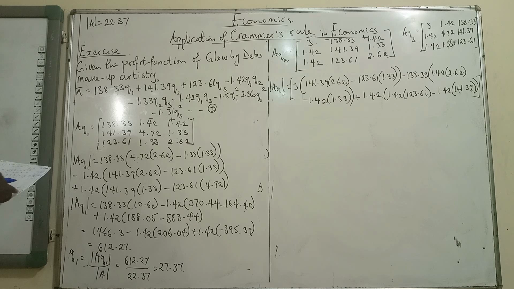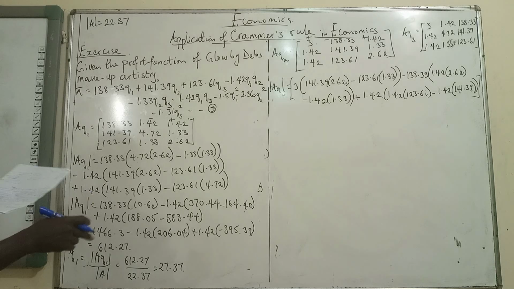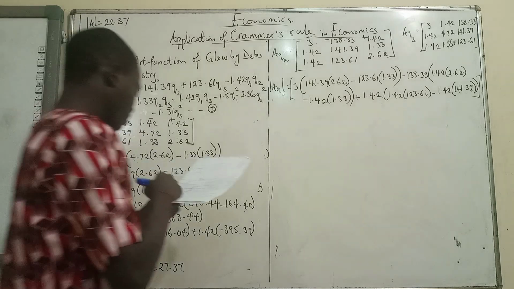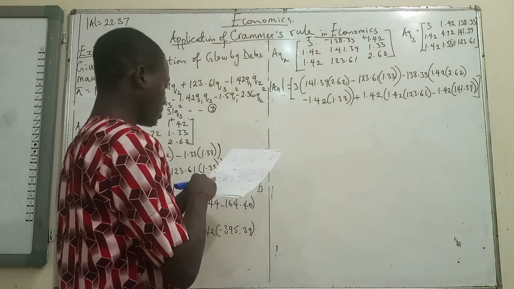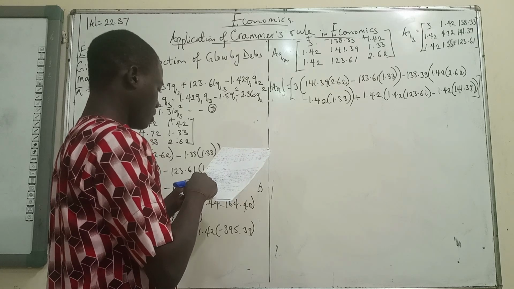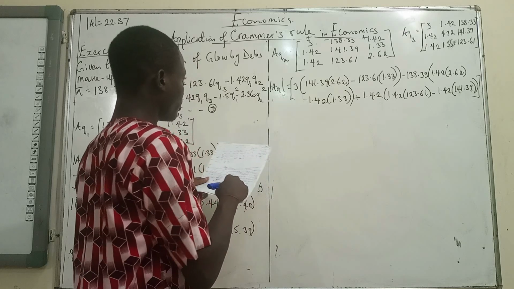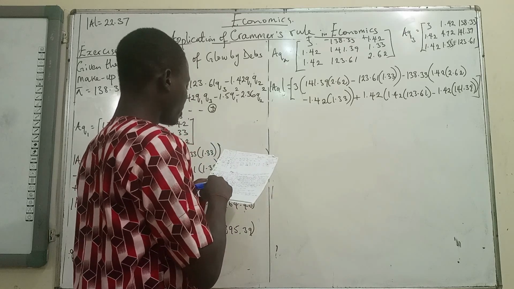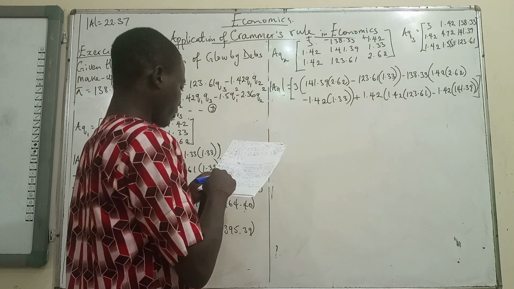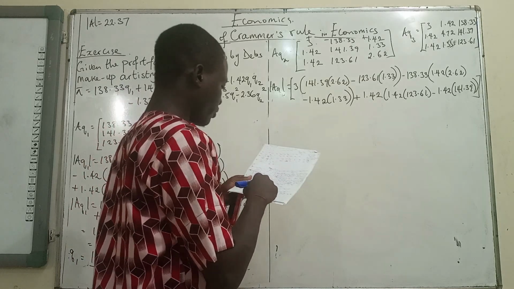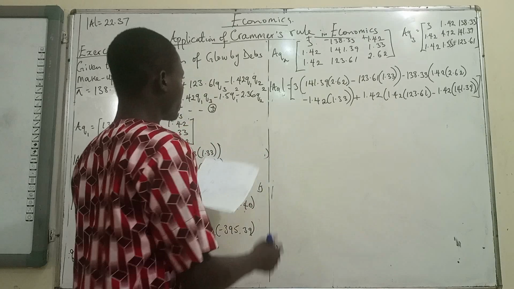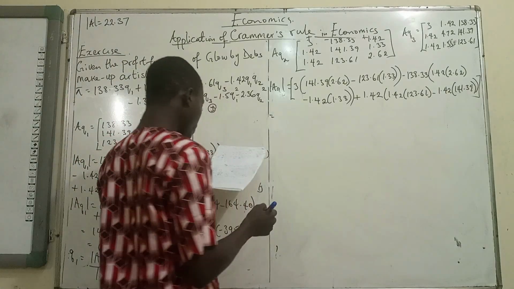And plus 1.42 times 1.39, 1.33, yeah, okay, that's right. And let's come to AQ2: 3 into brackets this minus this, then minus 138.33, 1.42 times 2.62 minus 1.42 times 1.33, right, plus 1.42 times 123.61 minus 1.42 times 141.39. Okay, that's right. So we continue with that.